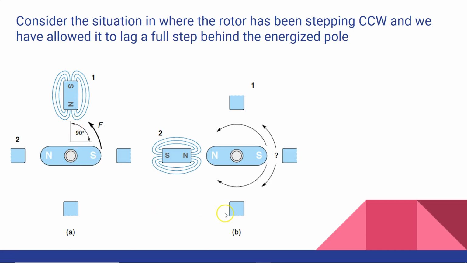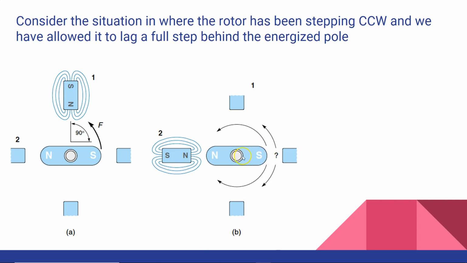Now let's see figure B. In this figure, we see that coil 2 is energized, and this is the position of the rotor. If the rotor is positioned in this way, and coil 2 is energized, what do you think will be the direction of the rotor? In which direction will it move? Is it going to move in the left direction or in the right direction? This is a difficult situation because you see these are two north poles.